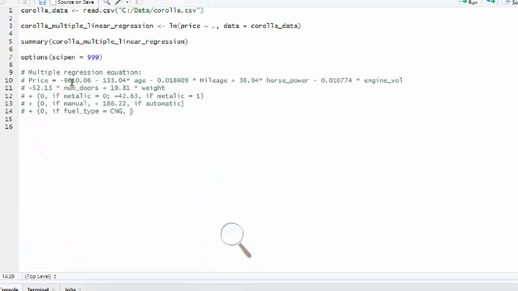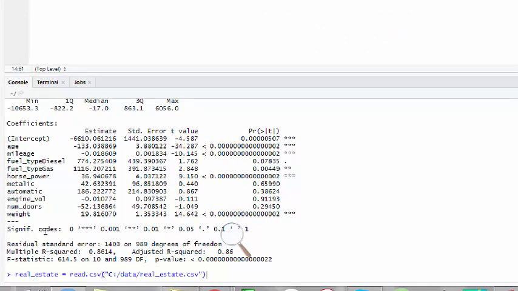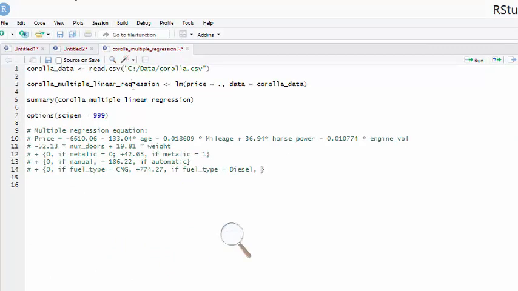So here I have to add this much if fuel type equals diesel, and also if finally it runs on our good old gasoline, fuel type gas, then I have to add this value, plus this much if fuel type equals regular gasoline, okay? And that's basically my equation, all right? Any questions? How can I write it down?